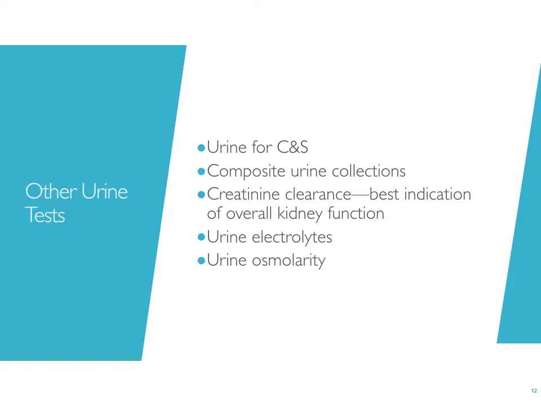Urine electrolytes can tell us whether or not the kidneys are hanging on to electrolytes and it's being expelled in the urine, or if it's putting those electrolytes back into the blood like we may want or may not want, depending on what's going on. We have normal urine electrolytes just like we have normal serum electrolytes, and also the urine osmolarity.